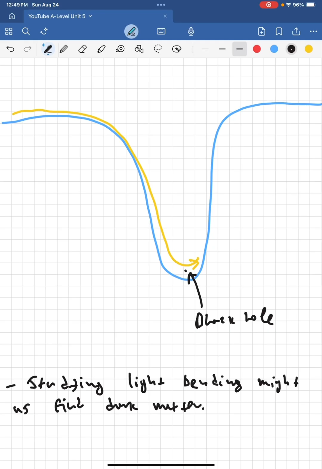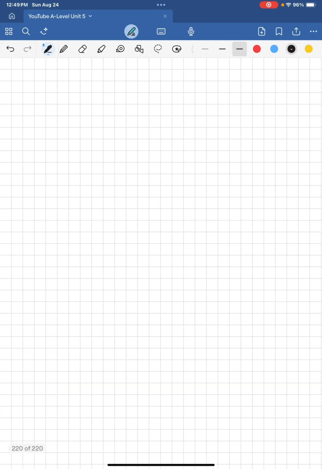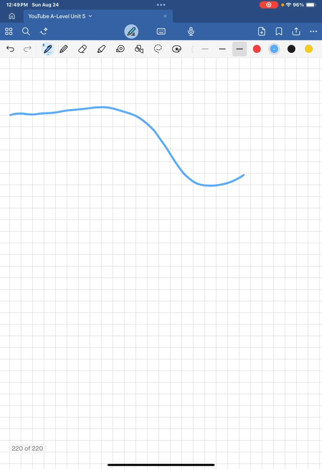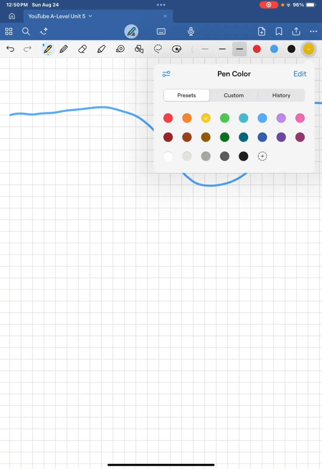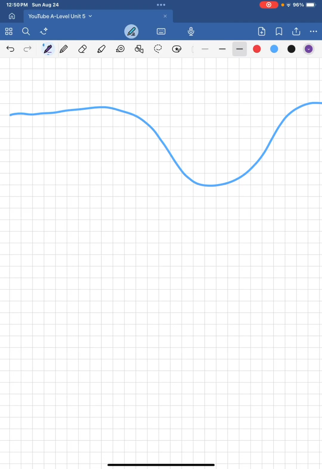Why? Because if dark matter exists, it will also bend. Okay, so let's use a mysterious color for dark matter. Let's use this violet here. So maybe this is dark matter, right?